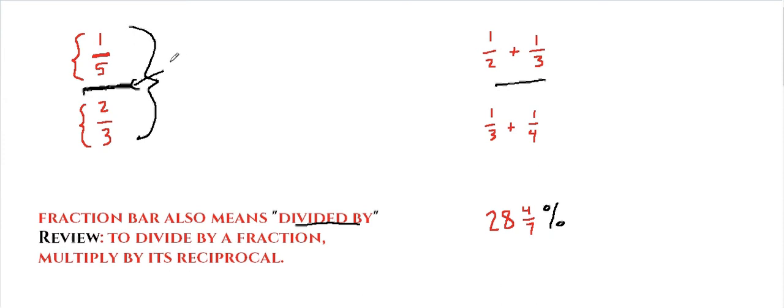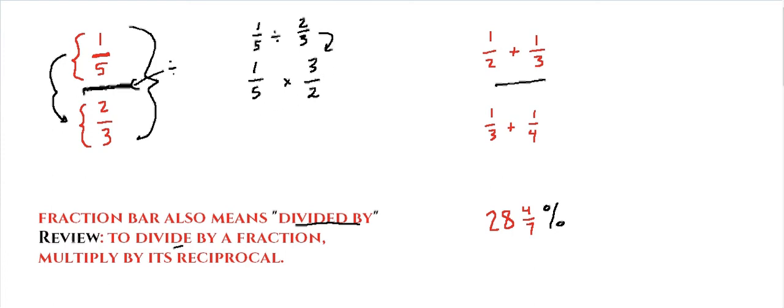We can read this really as 1/5 divided by 2/3. And if you remember, dividing by 2/3 really means multiplying by the reciprocal of 2/3. The numerator was 1/5, and that stays the same. So we go 1/5 times 3/2.